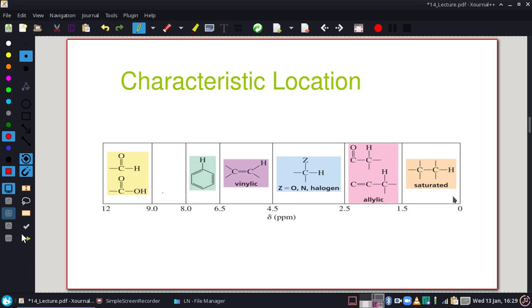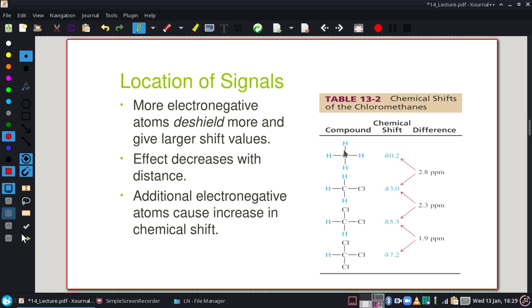Now, these aren't absolute, so I can't say that all halogens connected to a carbon near hydrogen are going to show up in this range, because they amplify each other when there are multiple on there. Let's look at methane compared to chloromethane. The hydrogens on methane give us a shift around 0.2, but if we put just one chlorine up there, it shoots up almost 3 whole units.